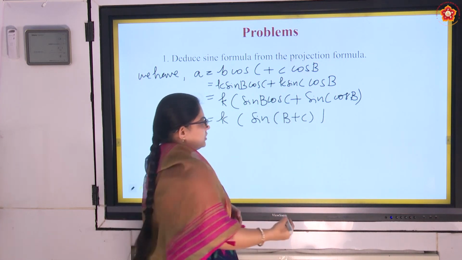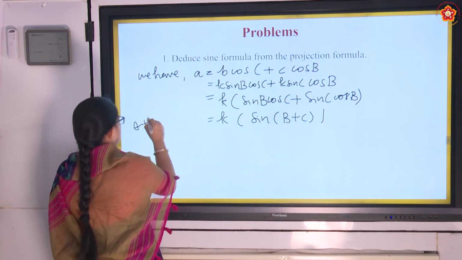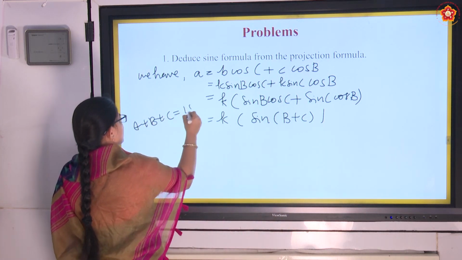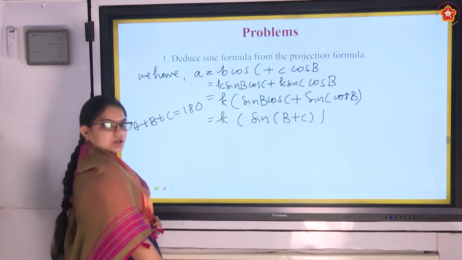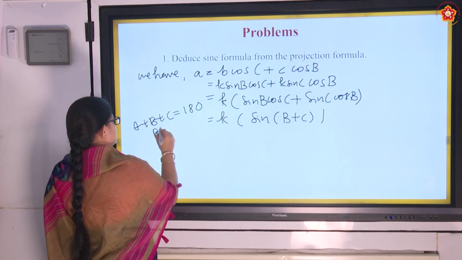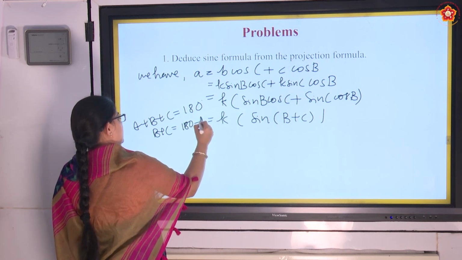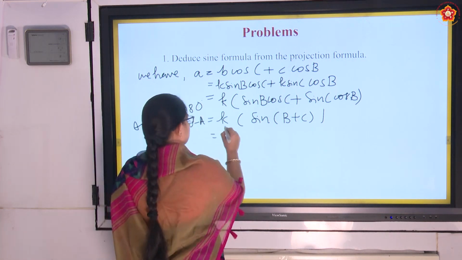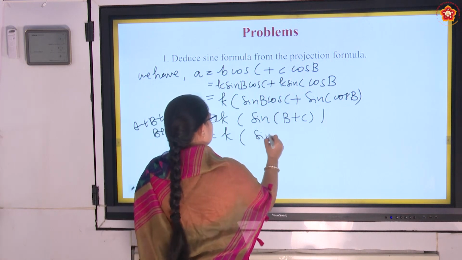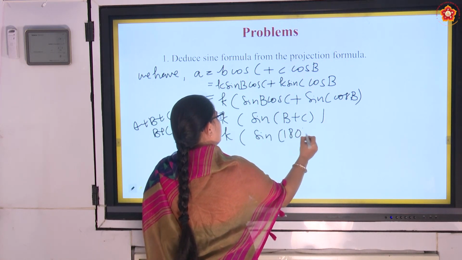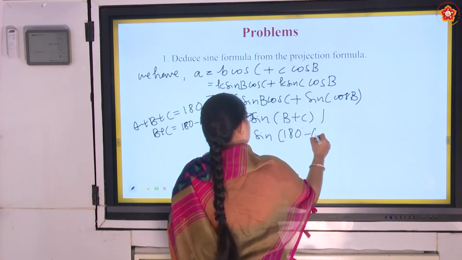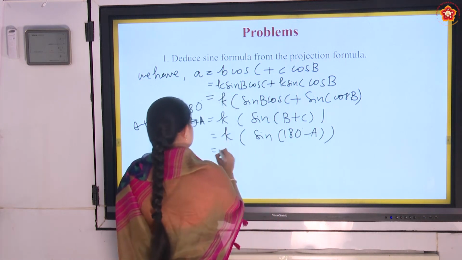Now we know that A plus B plus C is equal to 180 or pi. So what is B plus C? B plus C is 180 minus A. So we can substitute that, that is K into sin (180 minus A). What is sin (180 minus A)?